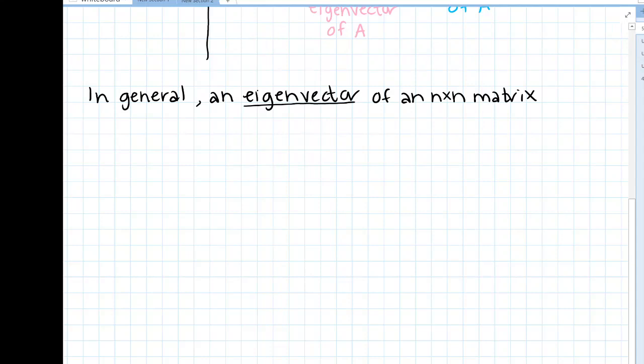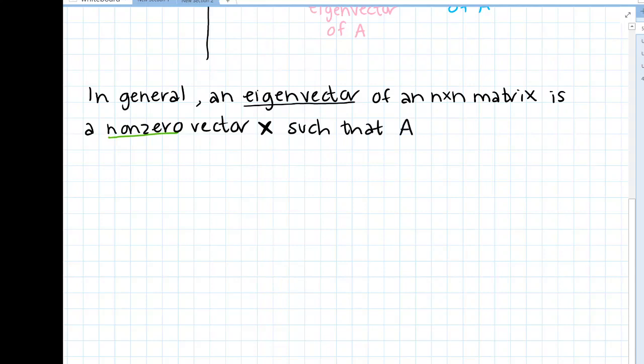Okay, so an eigenvector of an n by n matrix is a vector, sorry, let me add a word here, a non-zero vector. So I'll come back to that in a second, but that is important. It has to be a non-zero vector x such that multiplying your matrix A with x gives you the same thing as multiplying, so I'm using this special symbol, I'll tell you what that's called in a second.